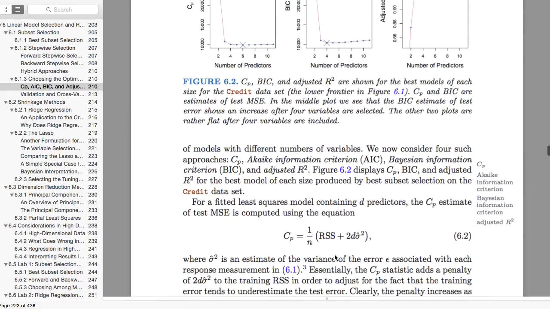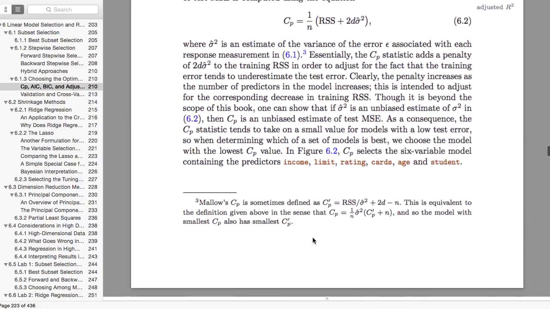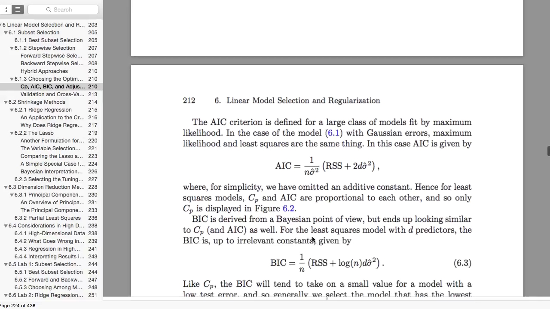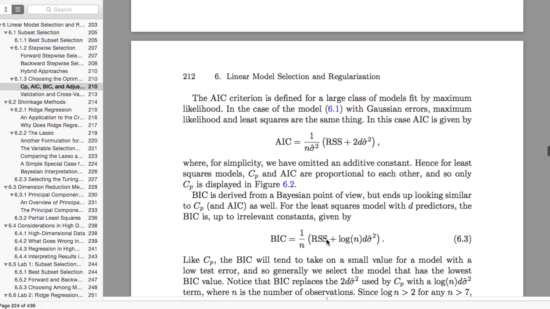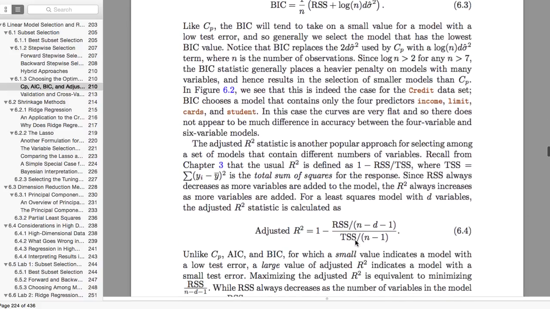Here's the equation for C sub p, and if you just glance at that and then glance at the Akaike information criterion, it looks like almost the same thing, except that we have sigma hat squared in the denominator here. I think that's the only difference. And here's the Bayesian, which has log n in this part. That's the only difference.